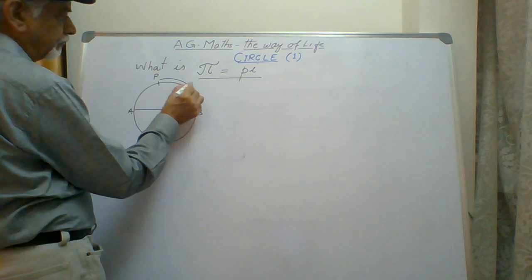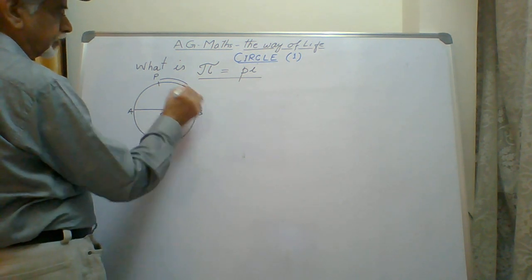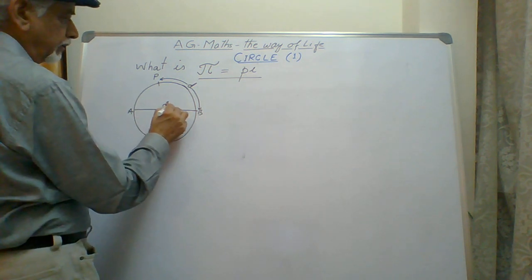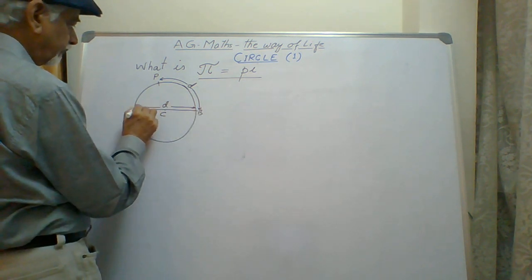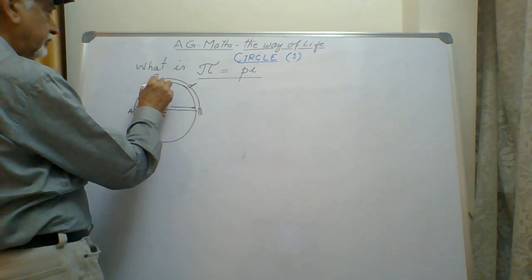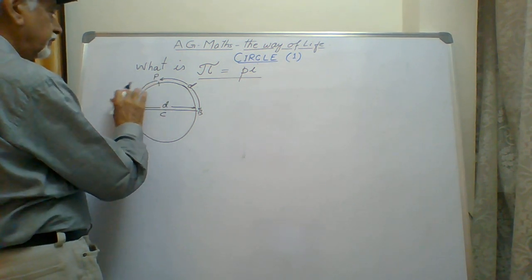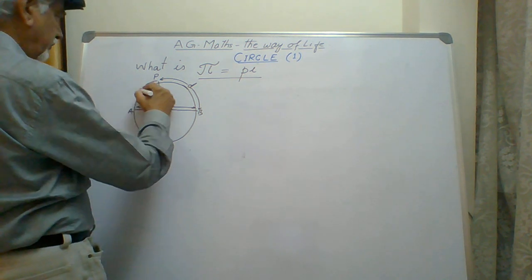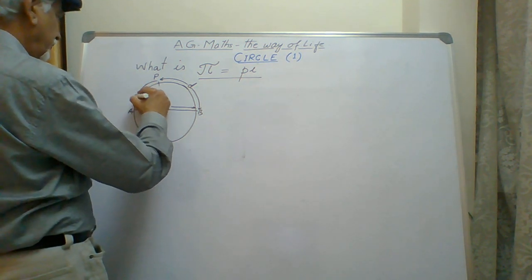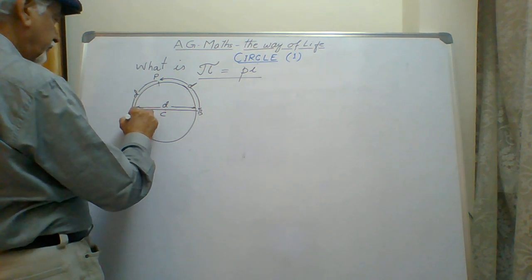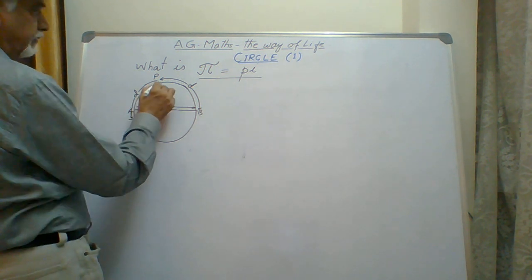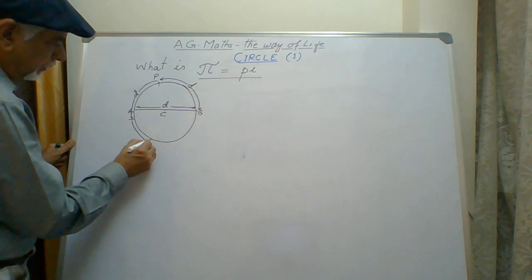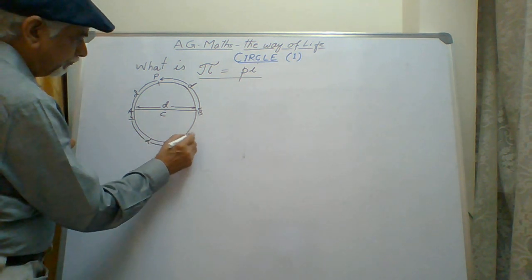This whole distance they measured was called D, the diameter of the circle. Then again they walked another distance D like this, and then a third distance D and came up to this.